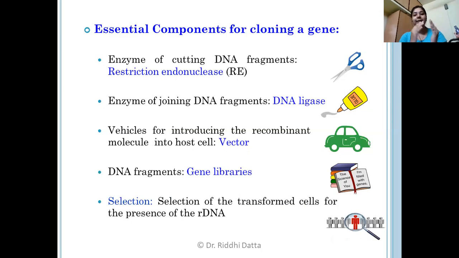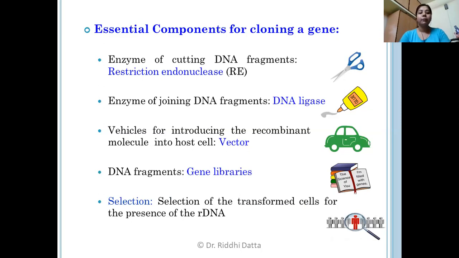We have to select, among say 10,000 host cells that have been transformed, which cells actually harbor our DNA. For that, we use a selectable marker system which will help us to select the host cells that are harboring our rDNA. So with these five tools, we can now move on to clone a gene.